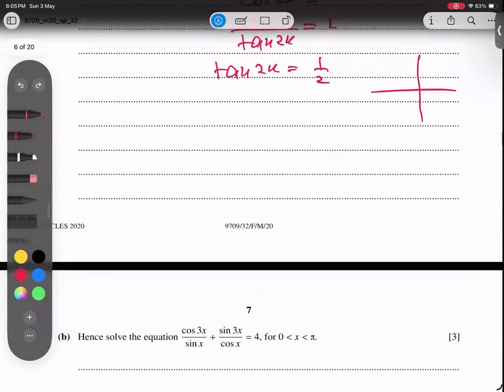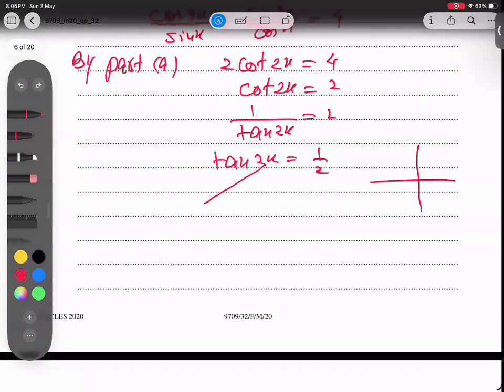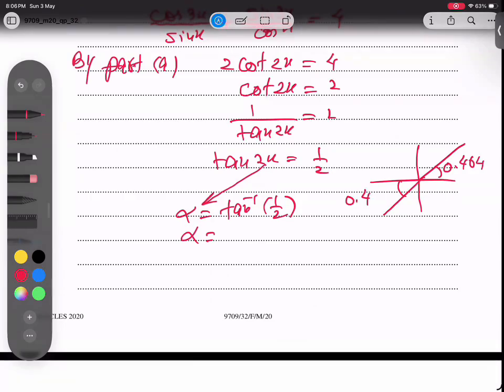So that is why, students, I will copy this here: alpha is tan inverse of half. Alpha value is obtained here. We have to convert to radian mode, make sure, okay? So tan inverse of 0.5. I'm getting positive, tan is positive here and here. So I'm getting 0.464.